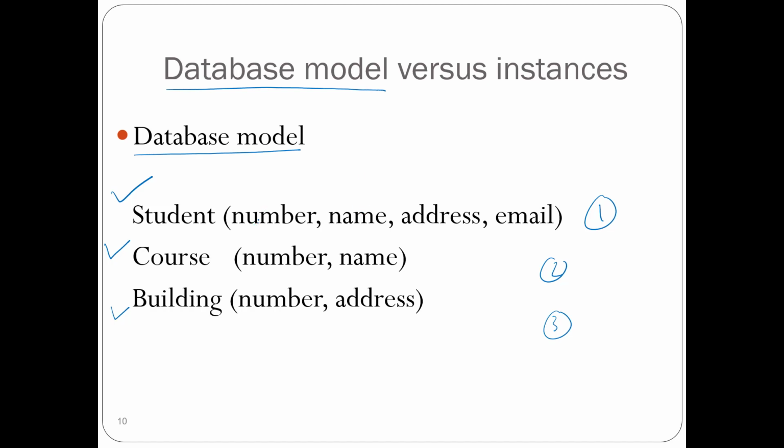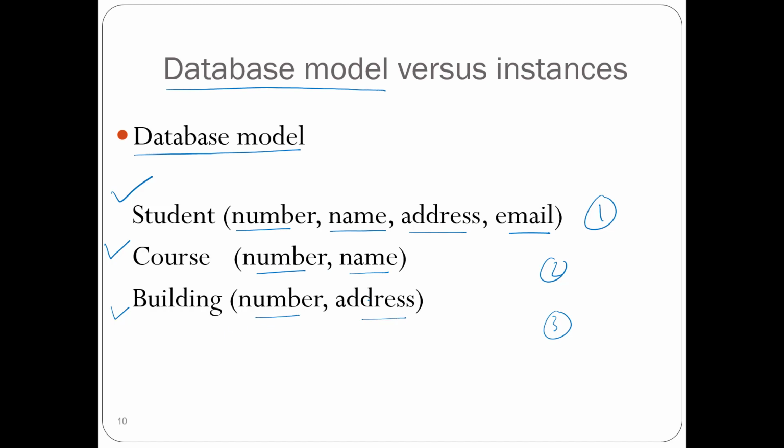In the database model, we decide that the data about students will be stored in one component, and for a student we'll have the student's number, name, address, and email. Similarly, for a course, we'll have the course number and the course name. For a building, we will have the building number and the address.